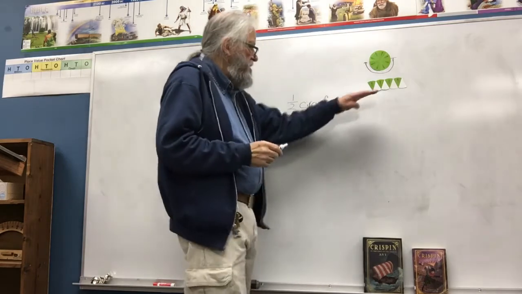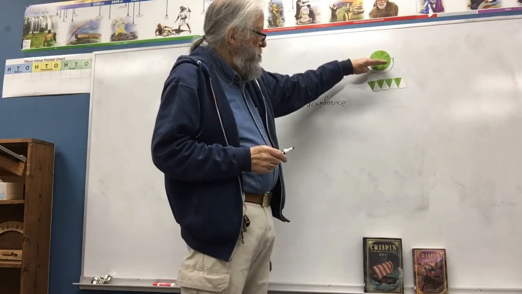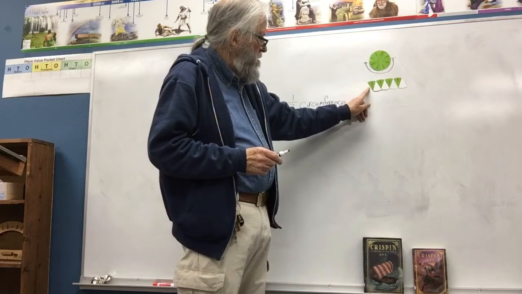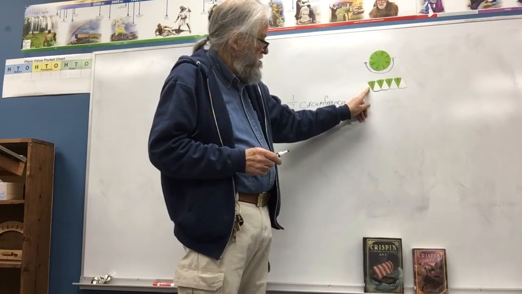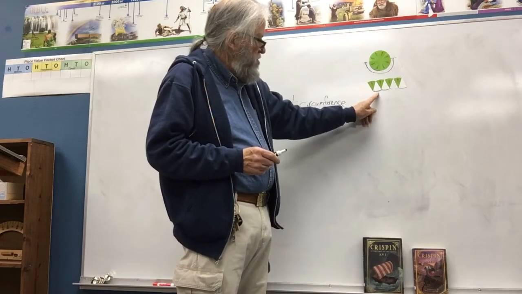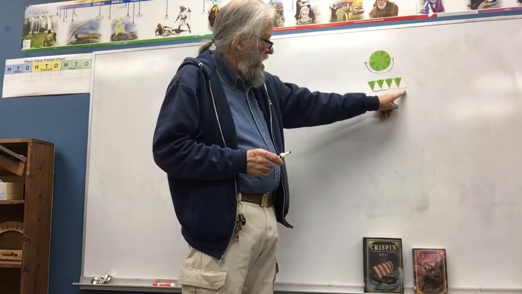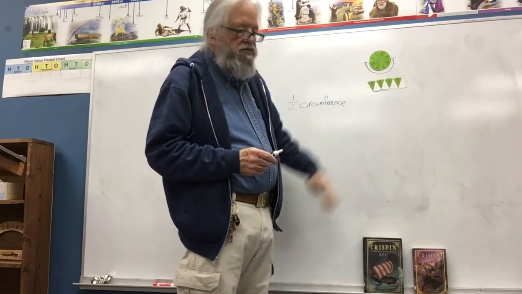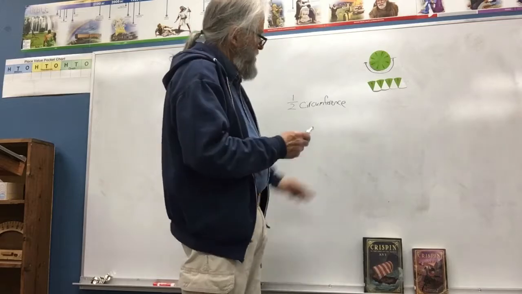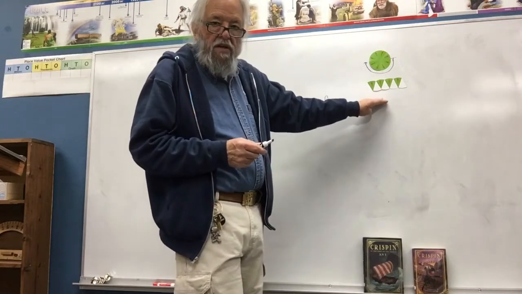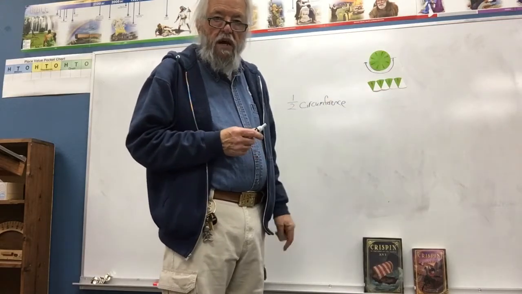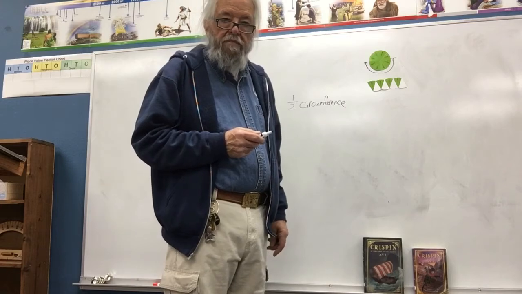Now, what does that look like down here? If I take this apart and I put the green pieces going one direction and the white pieces going the opposite direction, notice I've got 4 of each. And when you look at this, it should look a little bit like a parallelogram. Okay?